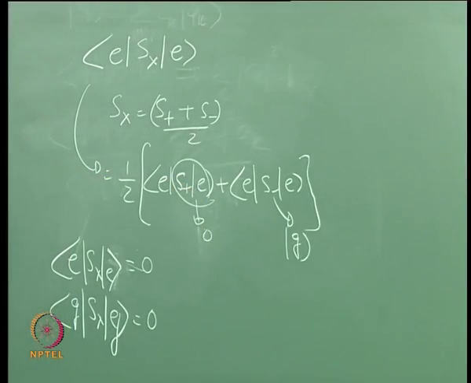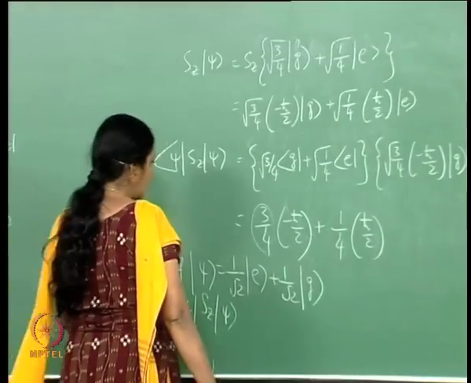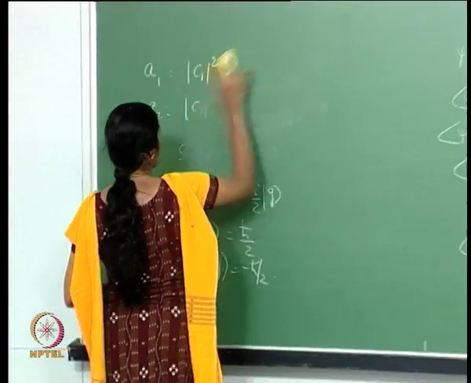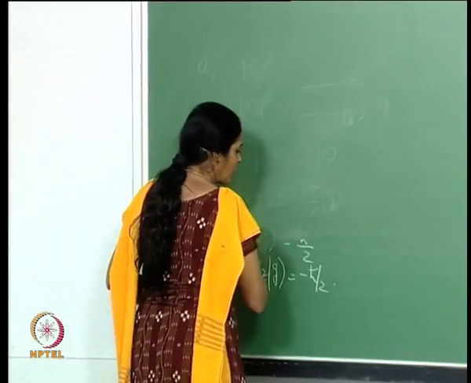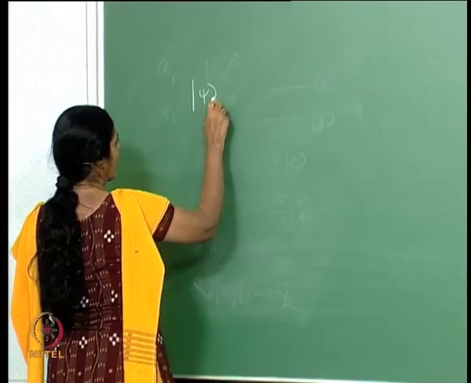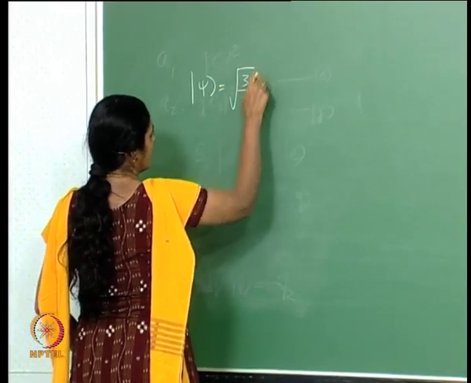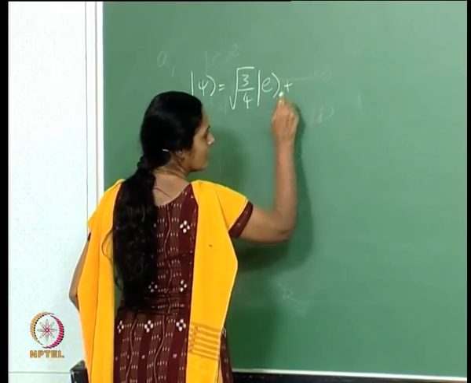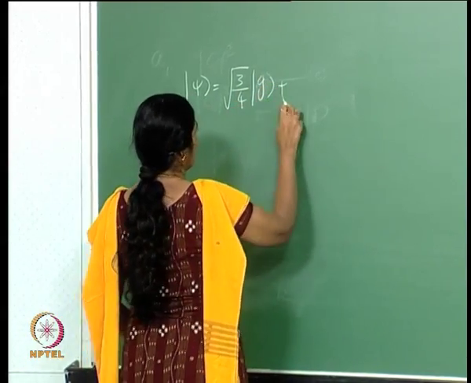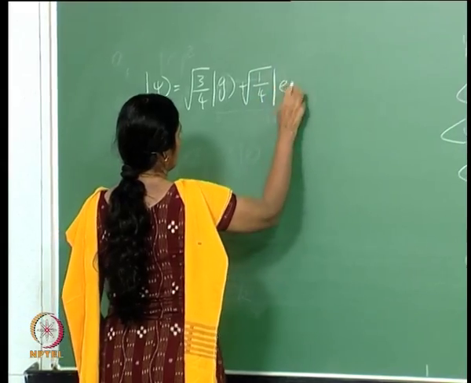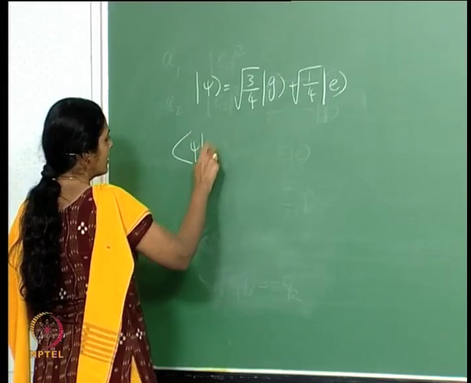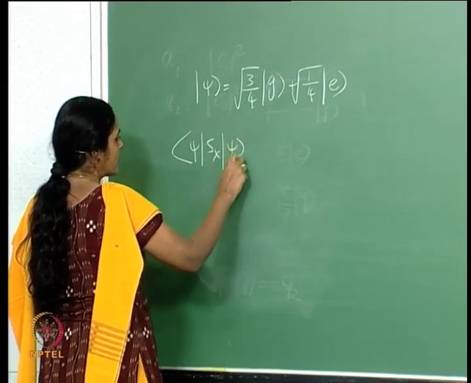Now let us look at the superposition that I considered earlier, and in a similar manner we can find out what the expectation value of Sx is in the superposed state. So once more I write psi as root 3 by 4 ket G plus root 1 by 4 ket E, and I wish to find the expectation value of Sx in this state.